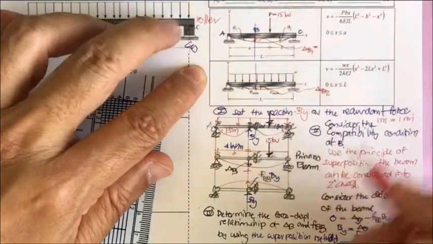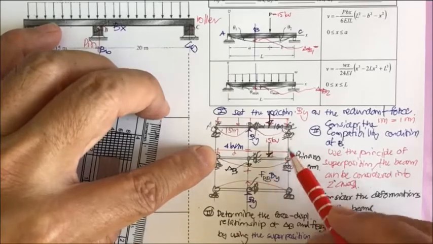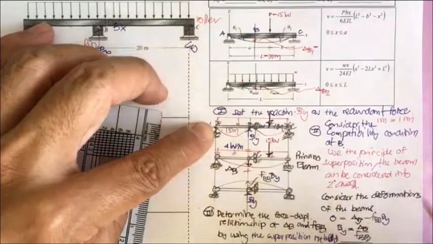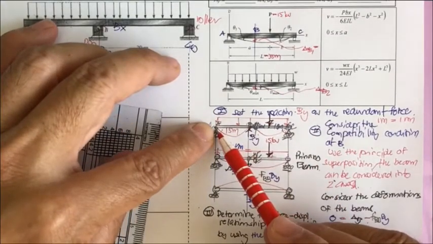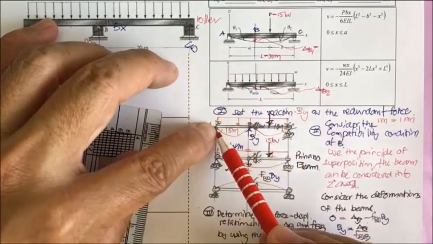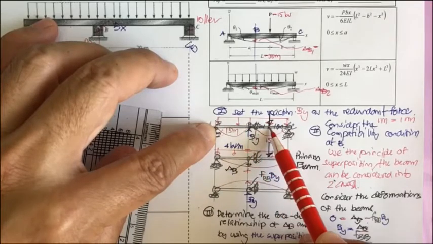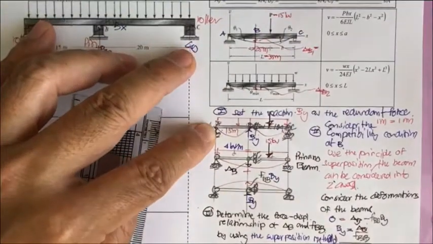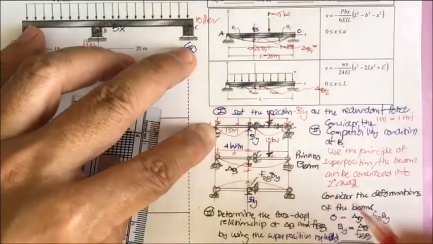So delta sub B1 equals 15 kilonewton. The total length of the beam is going to be 35 meter. A is the distance from here to here, so this is 15, this is 10, so the total is going to be 25 meter. If this is 25 meter, this is going to be 10 meter.